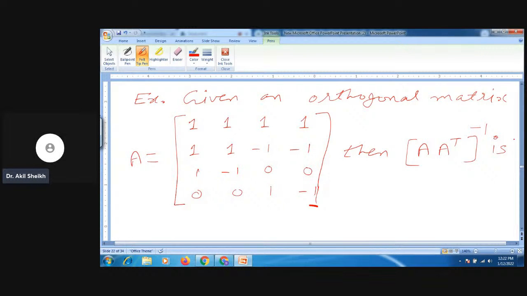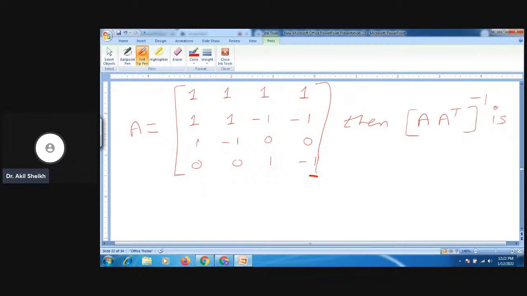So in this case we have to find A into A transpose, its inverse. If you find A transpose and the multiplication of these two matrices, it becomes tedious. It is not possible because it is a 4 by 4 matrix. Let's check the given condition. We are given that the given matrix is orthogonal.